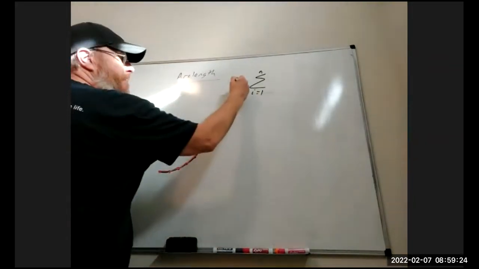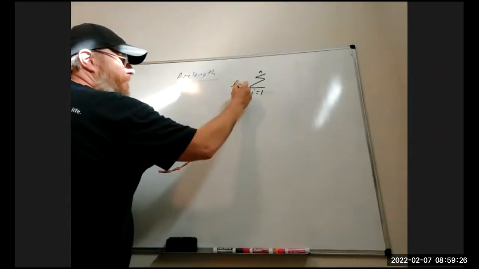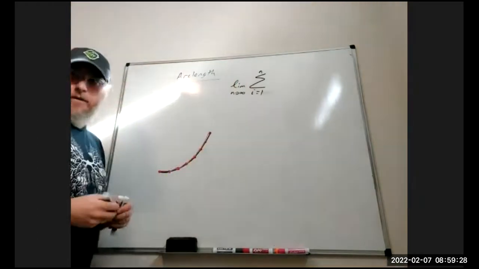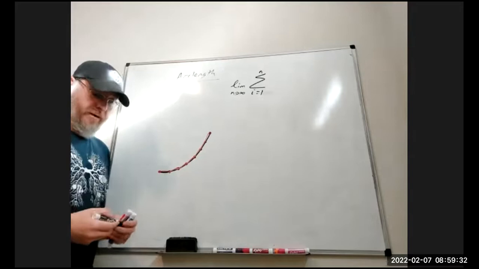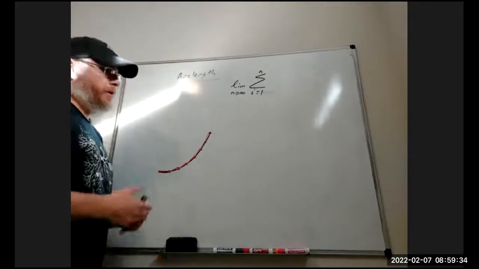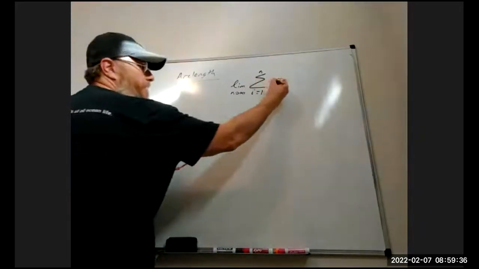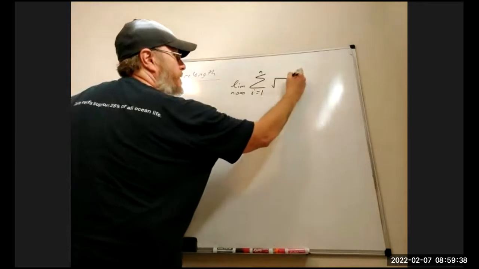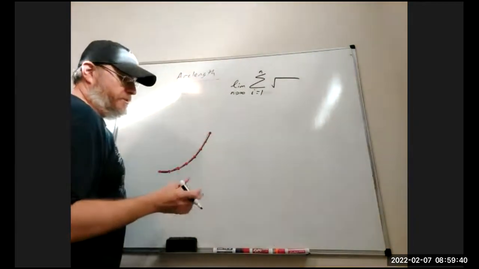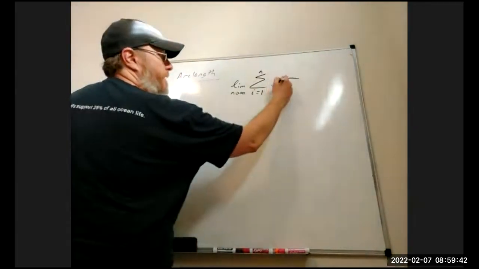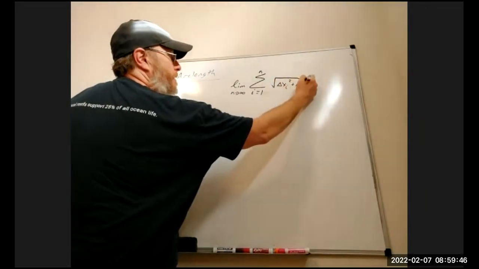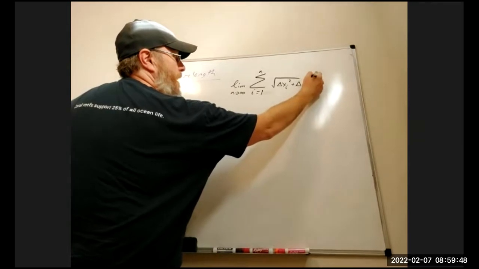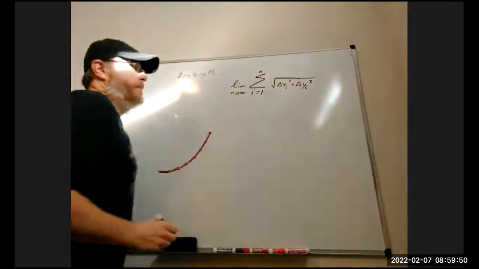And then we're going to take a limit as n goes to infinity of that, because we're going to want an infinite number of them. We want them really, really small. Okay, well, let's look at what the arc length is going to be. So each of those line segments is going to be the square root of delta xi squared plus delta yi squared.